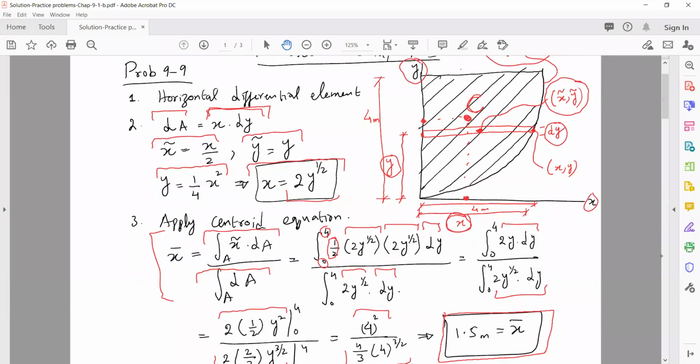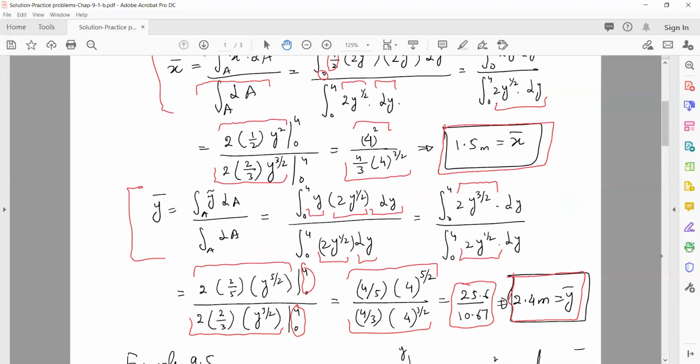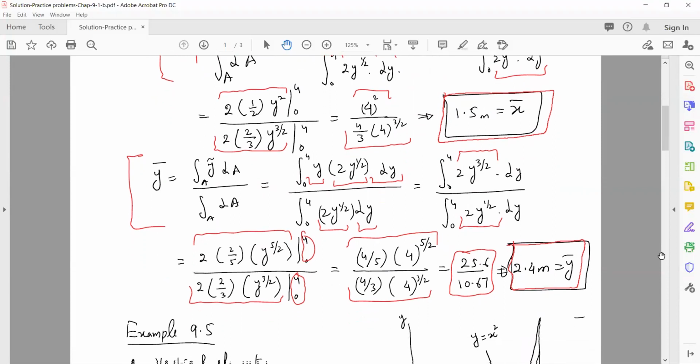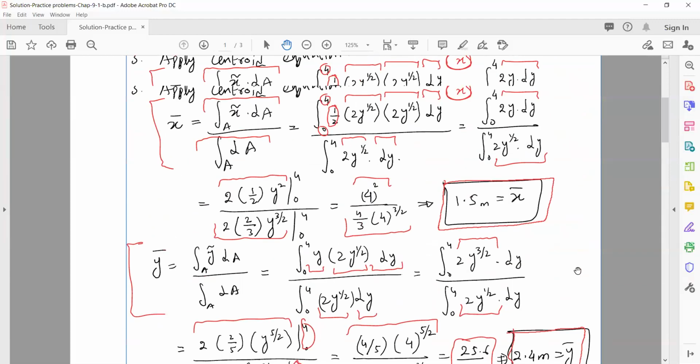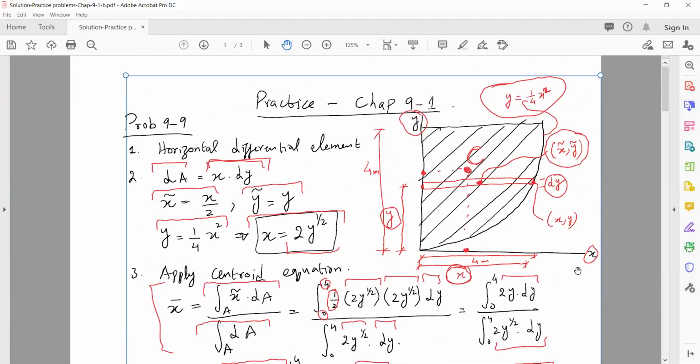Which looks right, and with that we can say we are going in the correct direction, and our answer seems right. So that's how we get our centroid x bar as 1.5 meters and y bar as 2.4 meters. All right, so with this, we are done with problem 9-9.